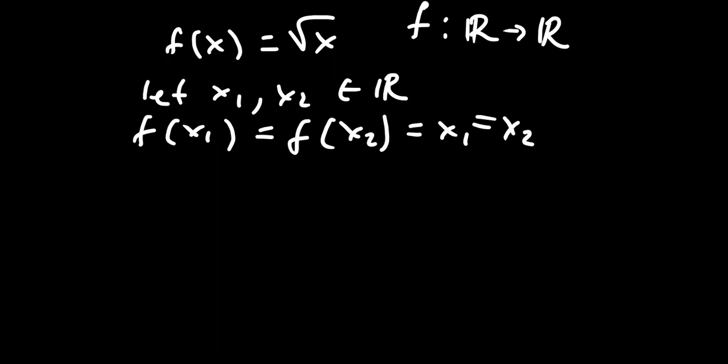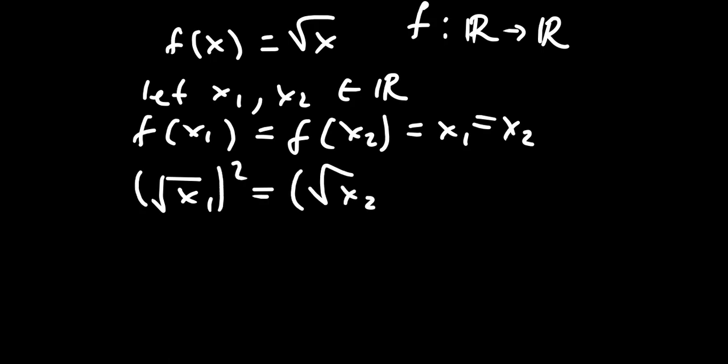So how do we do this? We square both sides of the function. The function is defined like that, root of x1 equals root of x2. So we square this side and then we square the other side. Then the square root goes, and I just have x1 equal to x2. So this shows that this is a one-to-one function.